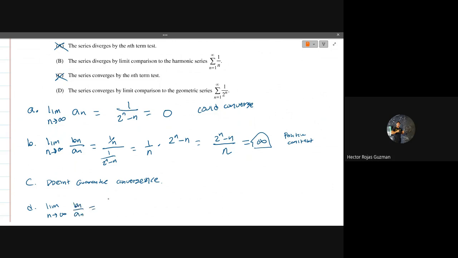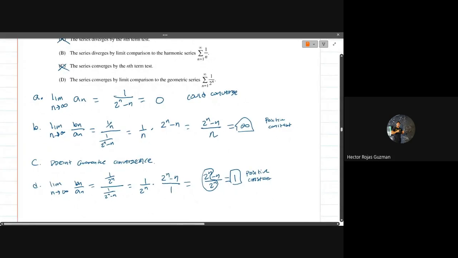So we have 1 over 2 to the power of n divided by 1 over 2 to the power of n minus n. Multiply by the reciprocal. And because we're taking the limit to infinity, these are the dominant terms, right? Which is equal to 1. So we have a positive finite constant, which means both series do the same thing.